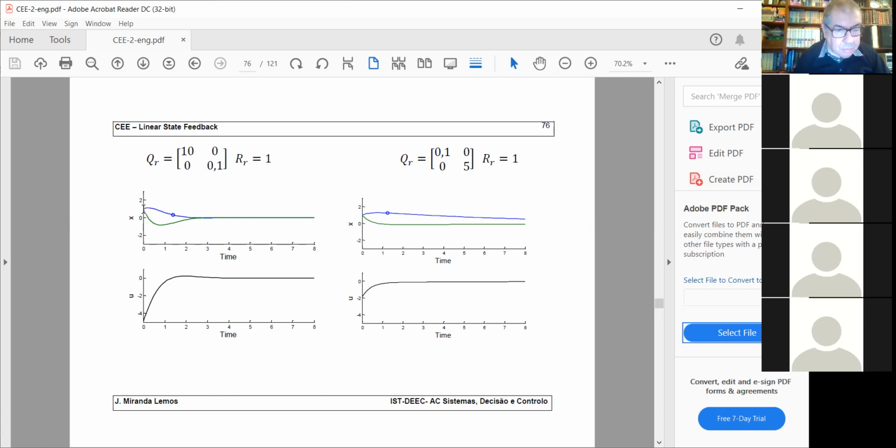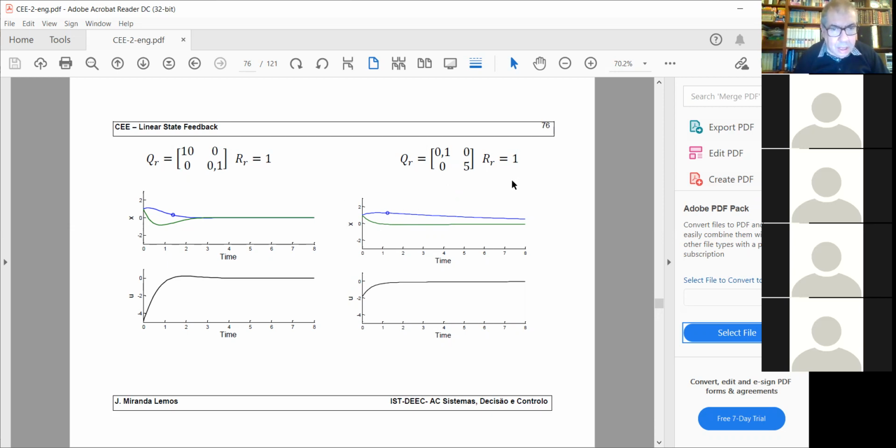The first component is in blue, and you see that the second component has this behavior. Now, if I give more importance to the second component, compare these two graphics. The second component, the green one, goes to 0 much faster than before.